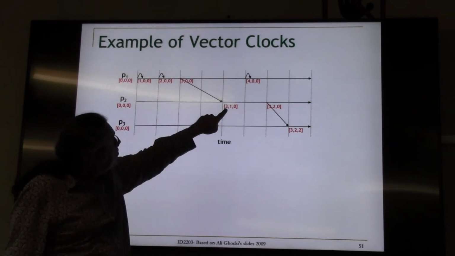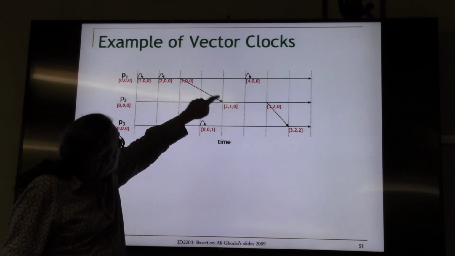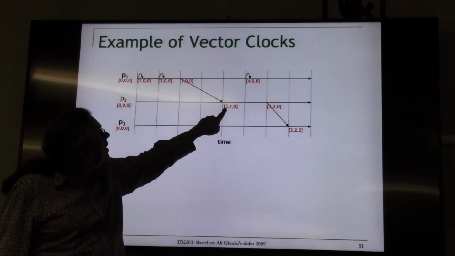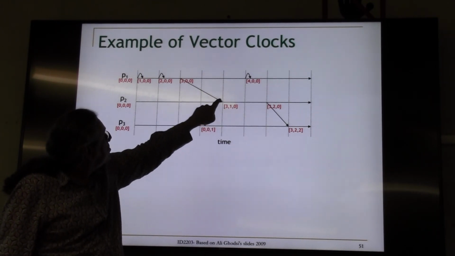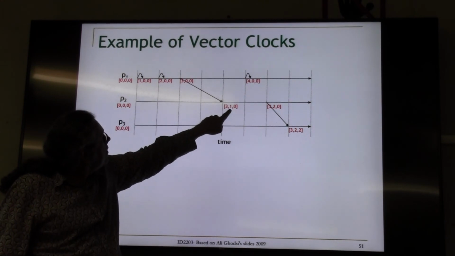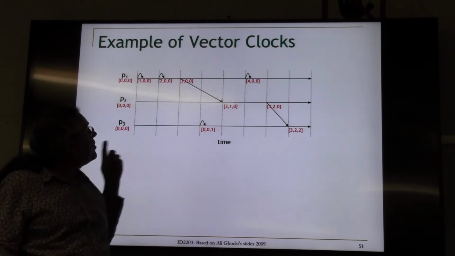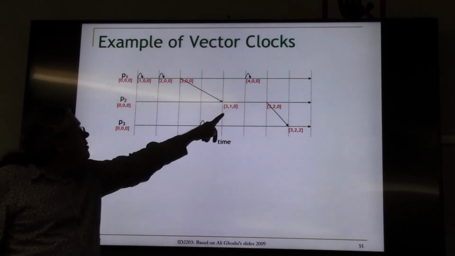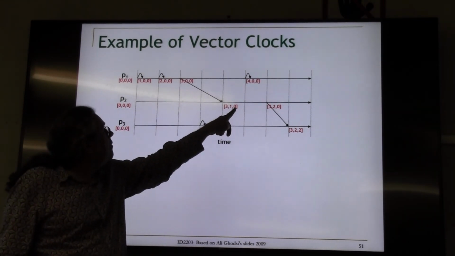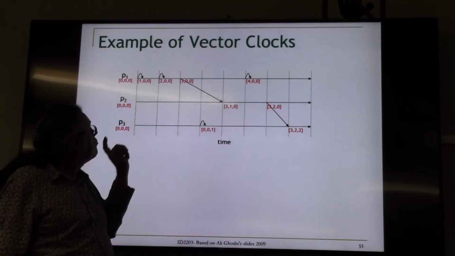P2 knows that there are 3 events causally before this one on P1. That's the 3. It knows there is one event, which is this one, on P2, and it knows nothing about P3. So it knows there are 0 events causally before this one on P3.